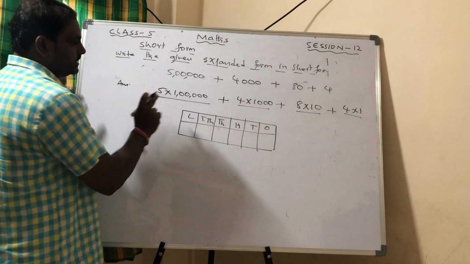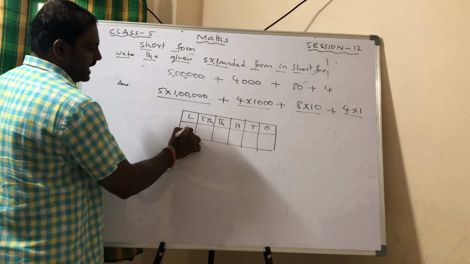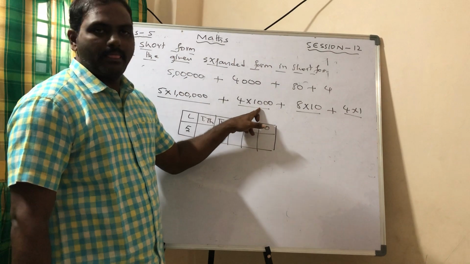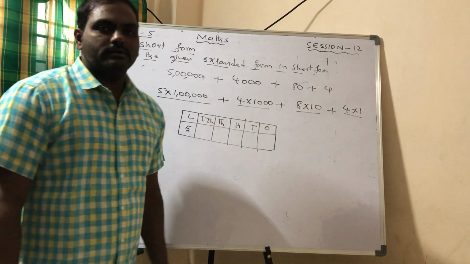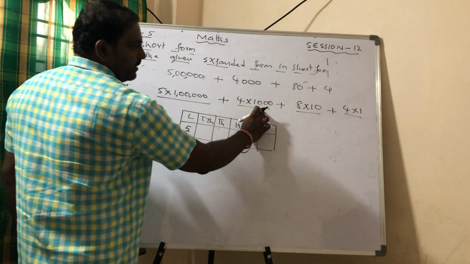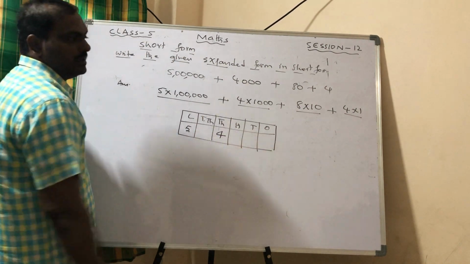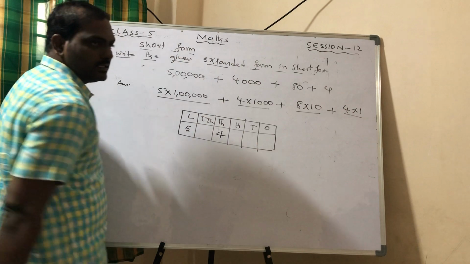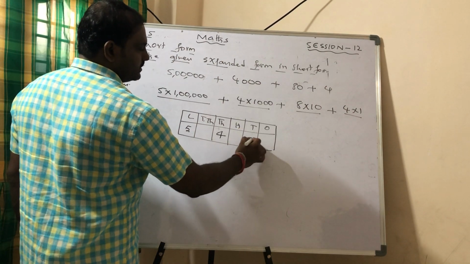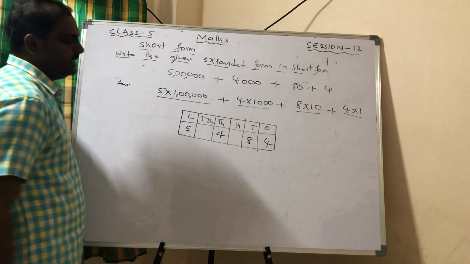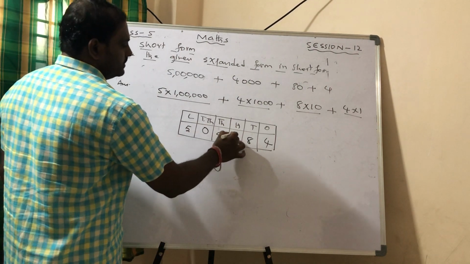Now first, how many lakhs are there? 5 lakhs you should write. Next, thousands. How many thousands are there? 4. So where are the thousands? Here you should write the 4. Then tens. 8, here you should write. And ones, 4. Now what I have to do means you have to keep zeros.